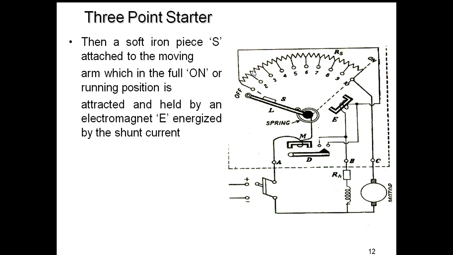Then the soft iron piece S, which is attached to the moving arm, which in the full on or running position is attracted, will be held to the electromagnet E by the shunt current.